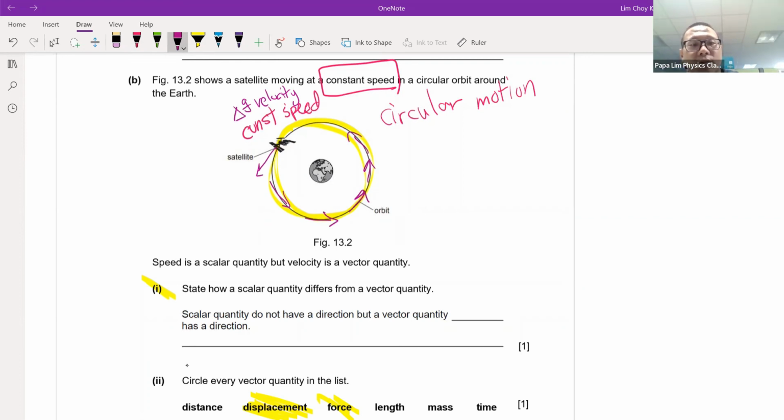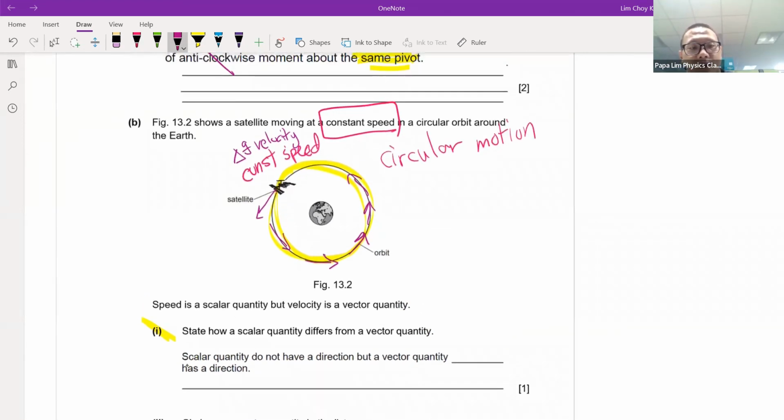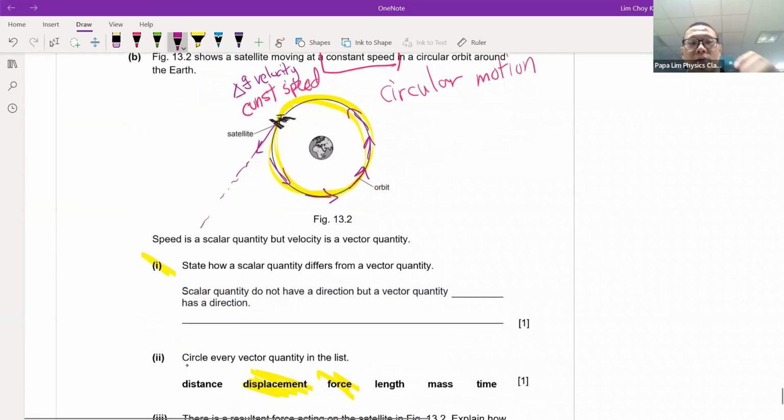If I don't change any direction, my satellite will just go straight all the way. To allow me to turn in a circle, I will need to exert a force. There will have to be a change in the object's direction. And when there's a change in direction, even though the speed remains the same, the velocity of the object will change.